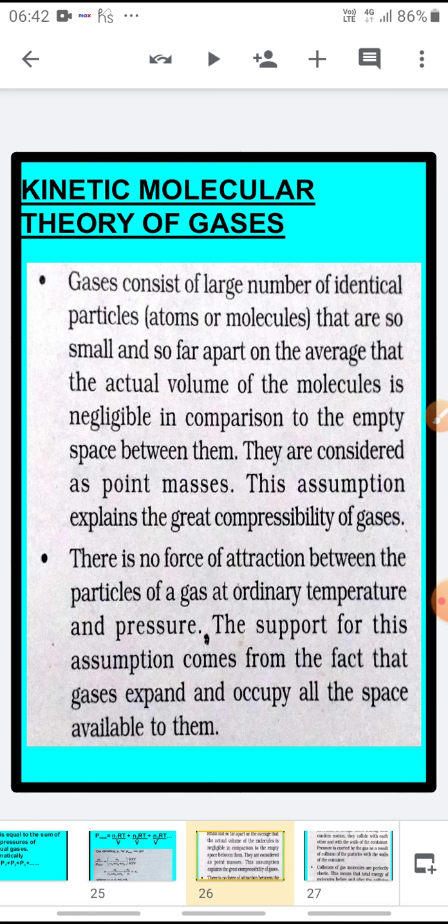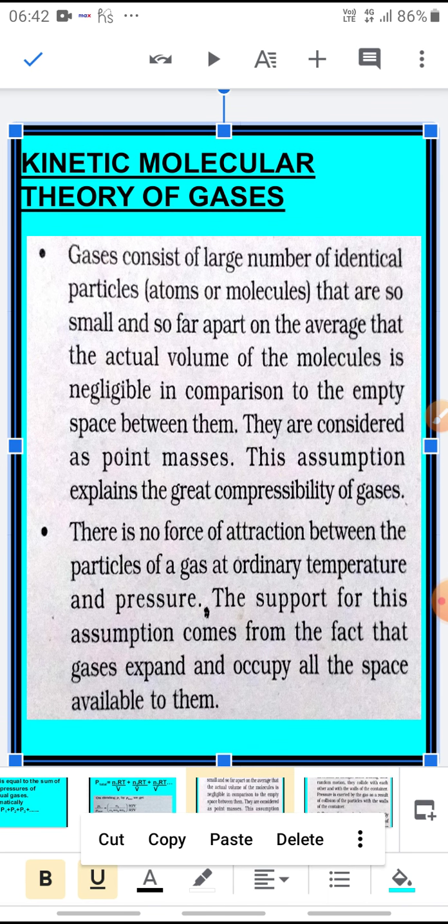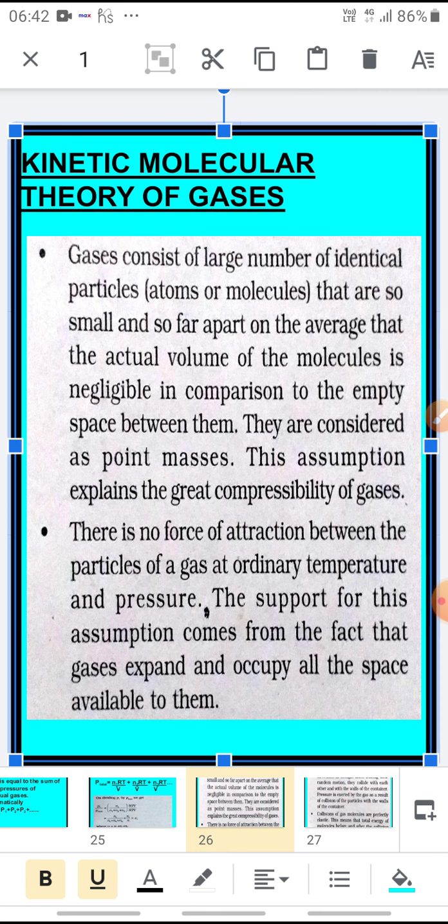But actually, what is happening at the molecular level when the gas is compressed? A theory is constructed to answer such questions, and the theory is a model, that is a mental picture that enables us to better understand our observation. We all know that when pressure is increasing, volume always decreases. But what is happening at the molecular level is explained by the kinetic molecular theory of gases.